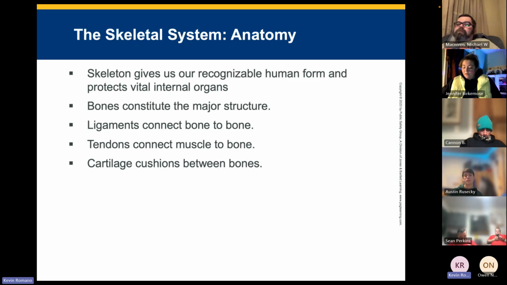Remember that a tendon connects muscle to bone, where a ligament connects bone to bone. A sprain occurs when the bone ends partially or temporarily dislocate, and the supporting ligaments are then stretched or torn. A strain or a muscle pull occurs when a muscle is stretched or torn, and cartilage provides a cushion between the bones. So we're going to get more into this stuff here. That's kind of the down and dirty, quick anatomy of that.